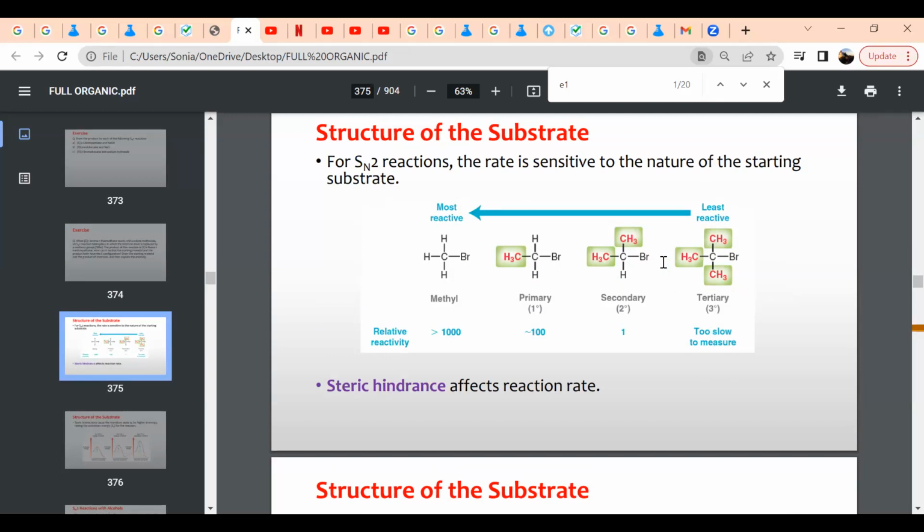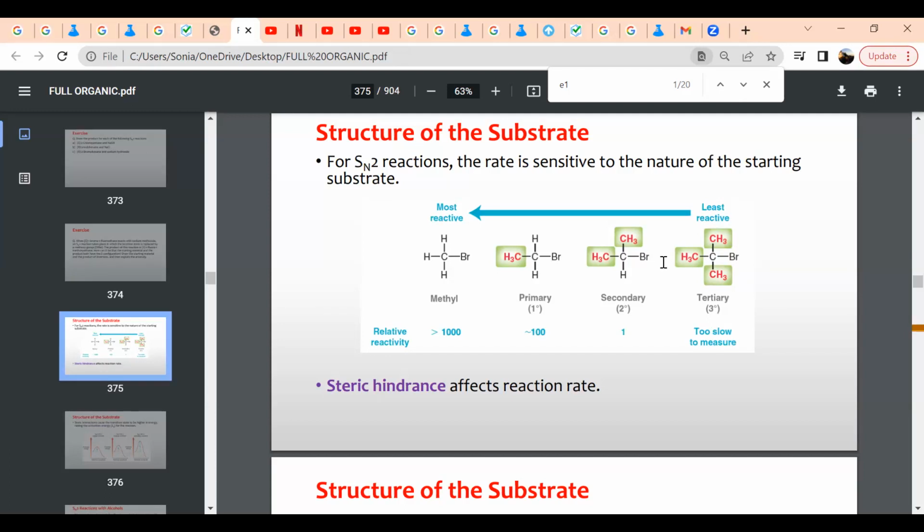That crowding hinders the attack of the nucleophile, which is trying to attack the carbon containing the leaving group, so that the leaving group can break off. The bigger and bulkier the groups, because CH3 is much bulkier than a hydrogen, the more the steric hindrance, and therefore the slower the reaction, because backside attack is very hindered by bulky groups surrounding the leaving group.